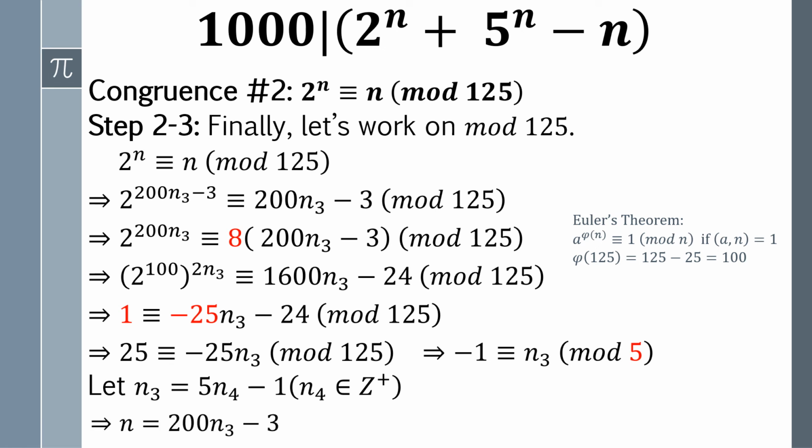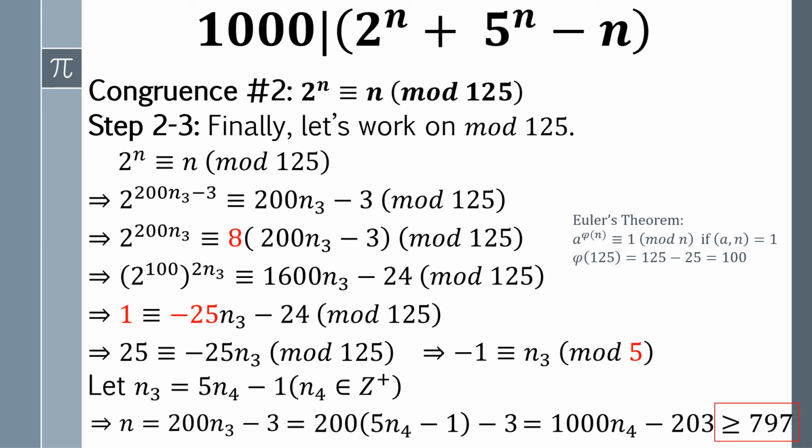Then, eventually, n could be written as 1000 times n4 minus 203. Then, the minimum value of n can be achieved when n4 is 1, and therefore n is equal to 1000 minus 203, which is 797.